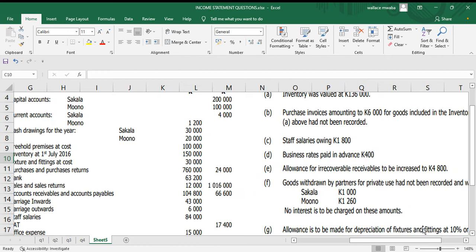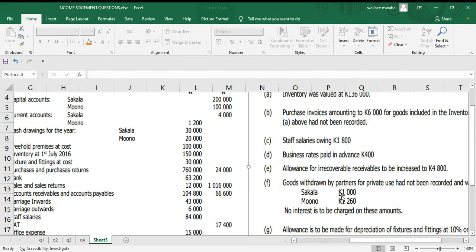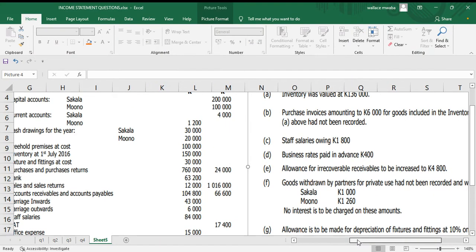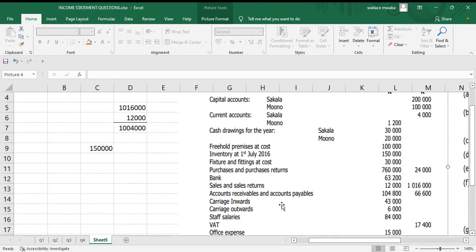So we'll add these two up, we get 2,260, and we'll deduct this from our purchases. So we'll go to our trial balance. We have purchases and purchases returns, all right? So purchases is on the debit side.